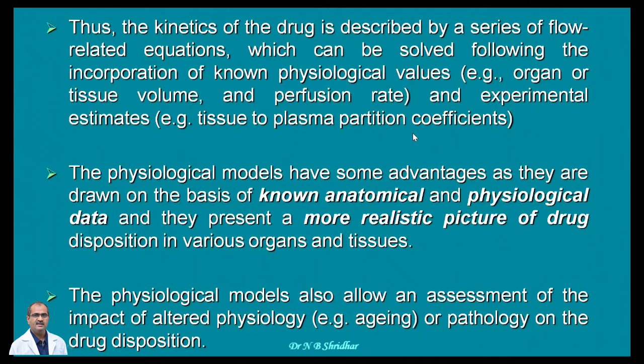In the physiological models, for the altered physiology, suppose there is aging and there is a cancer of the kidney or the liver, then the entire process is totally changed. So in such a case, a patient is having an altered physiological or altered pathological state, and the drug is administered. In such cases, we require another model that's known as the physiological model.